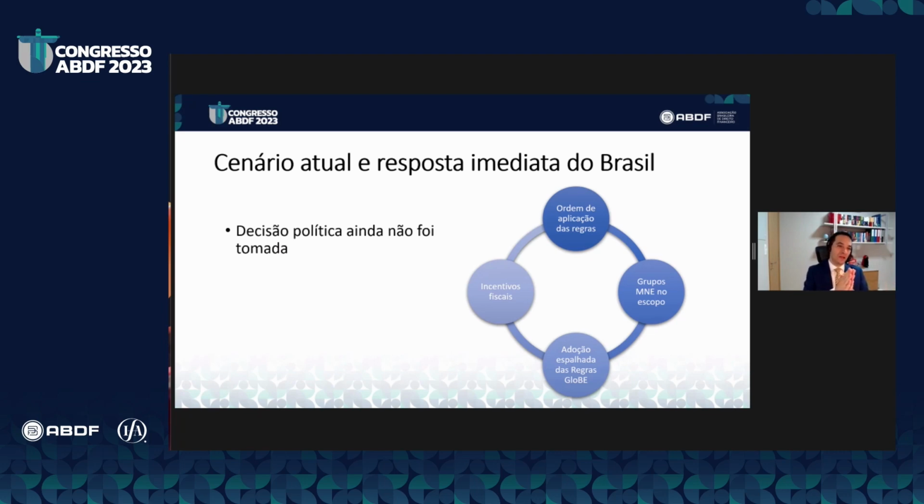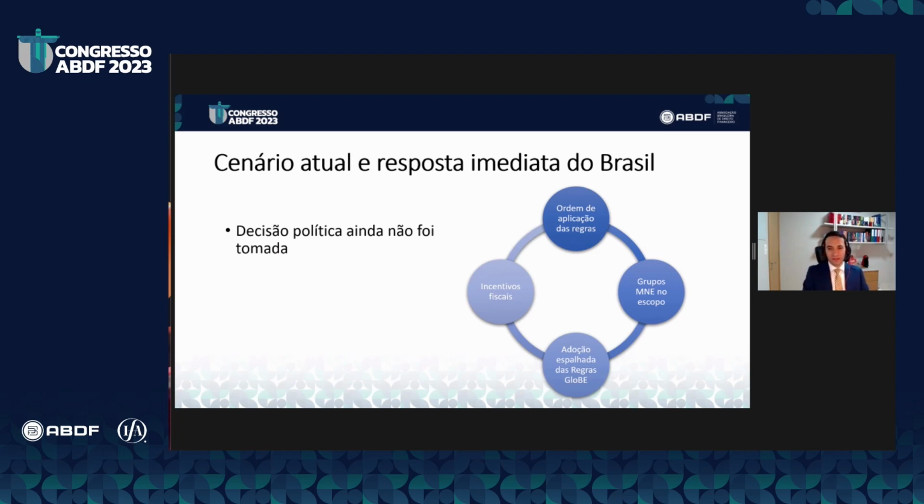O problema é que as empresas brasileiras que atuam no Brasil combinam o uso legítimo dos variados incentivos fiscais e dos variados mecanismos que nós temos. Esse leque de incentivos fiscais leva a situações de baixa tributação, em que, apesar de eu ter uma alíquota nominal elevada de 34%, eu tenho situações relevantes em que a alíquota efetiva é inferior a 15%.